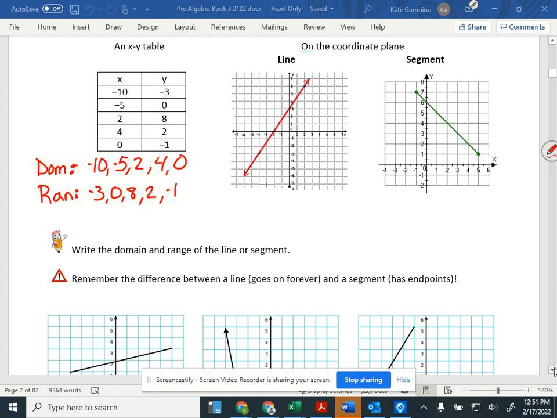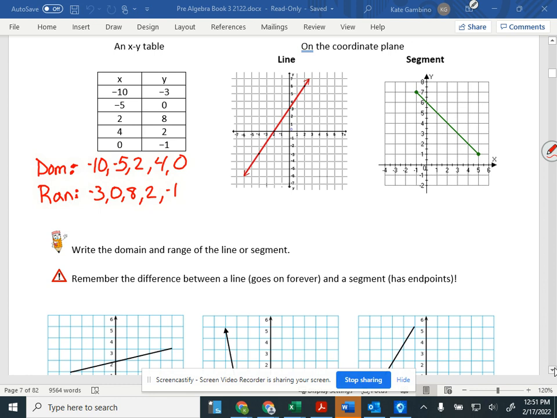So now let's look at the coordinate plane. It's a little bit harder when we look at that coordinate plane to be able to list all of them, because could X just be 1, 2, 3, or could it be the numbers in the middle, right?